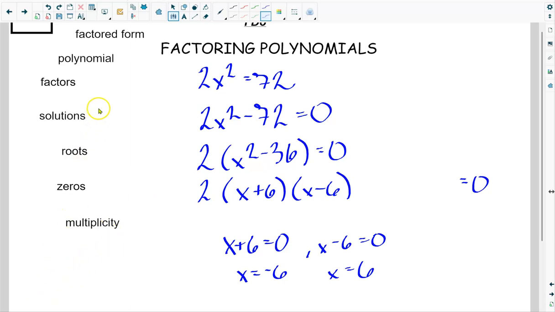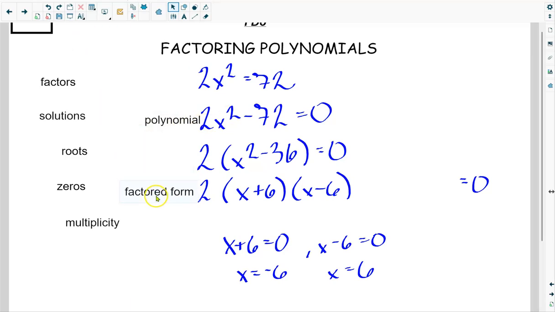Alright, so let's go and attach the vocabulary. Here we have a polynomial. This should look like a polynomial to us already. Factored form, if they ask you for factored form, you've got this. These guys here are your factors.